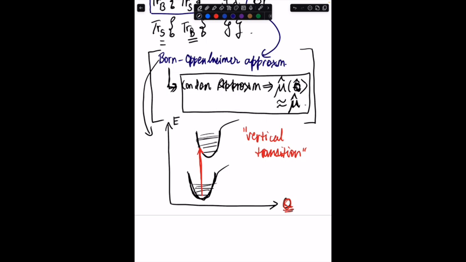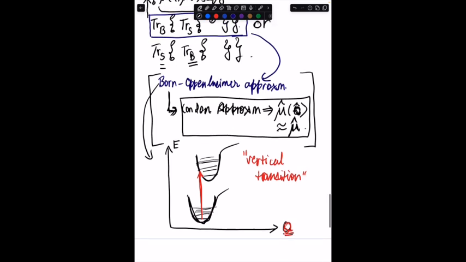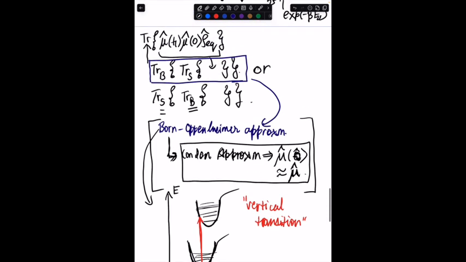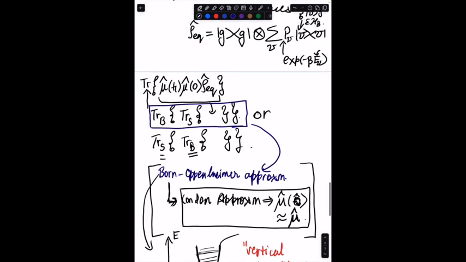I wouldn't say function, but you would write your dipole operator independent of your path coordinates or vibrational coordinates. So in this case, if you look really carefully, I make the Condon approximation now, and then these dipole operators, mu0 and mu t1, are independent of the path coordinates.